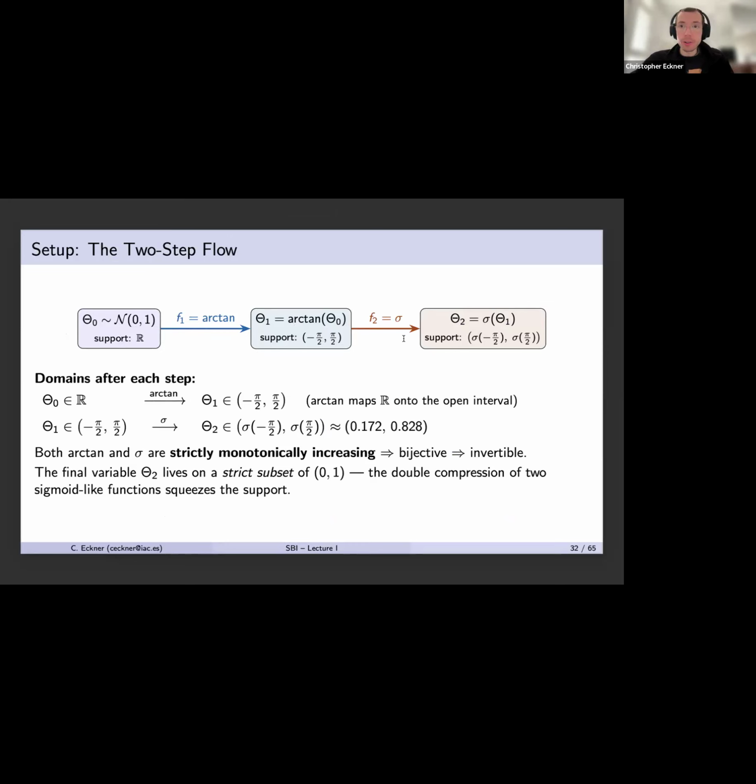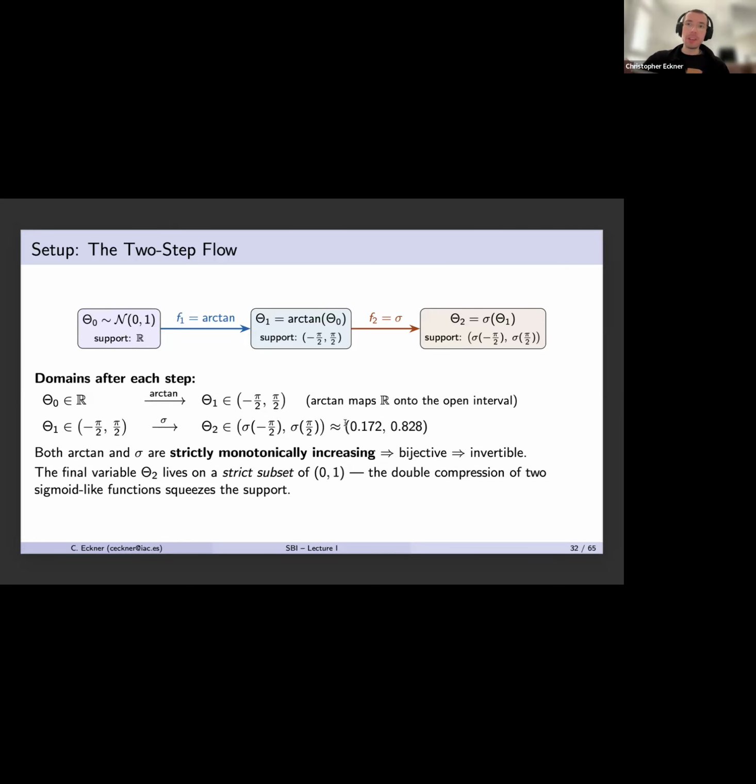Then the sigmoid function transforms this again and brings the samples into a different support, namely between sigmoid of minus pi half and sigmoid of pi half. These domains are smaller than before. The transformation brings your initial normally distributed variable, defined in principle between minus infinity and infinity, to an open interval of length pi, and the sigmoid then squeezes this even more.